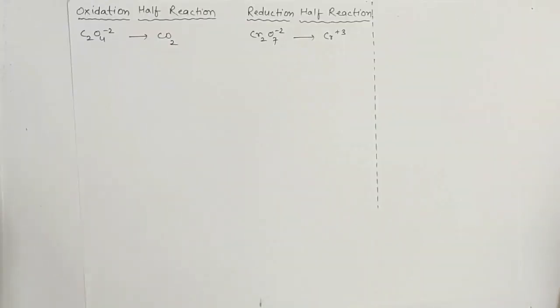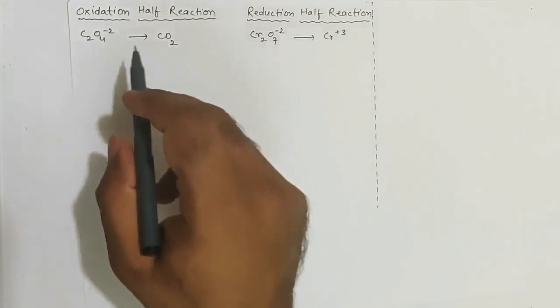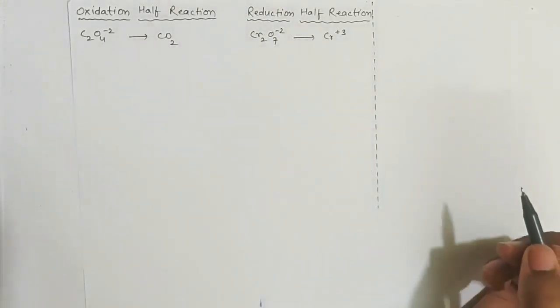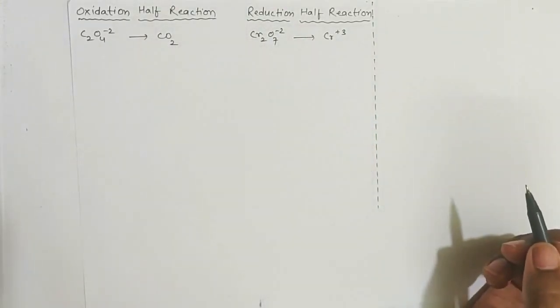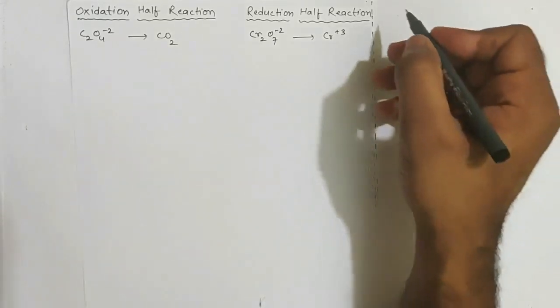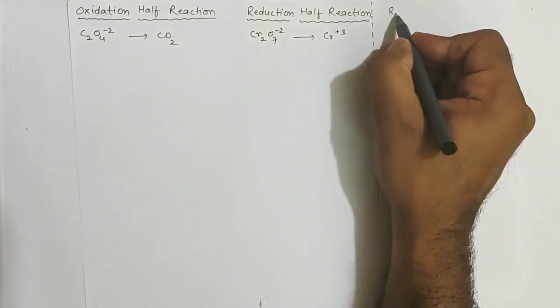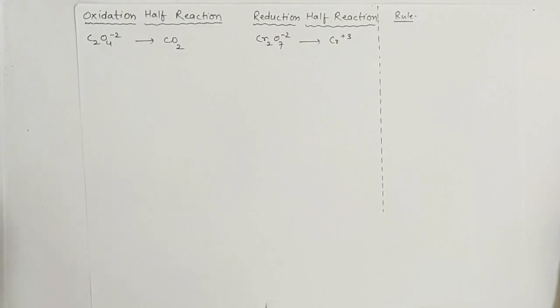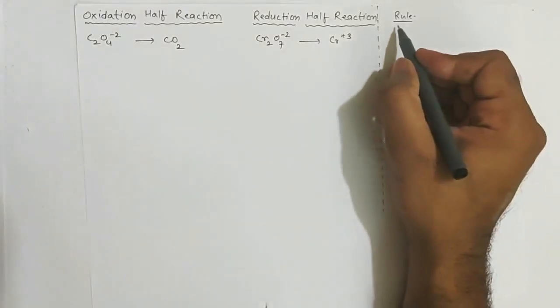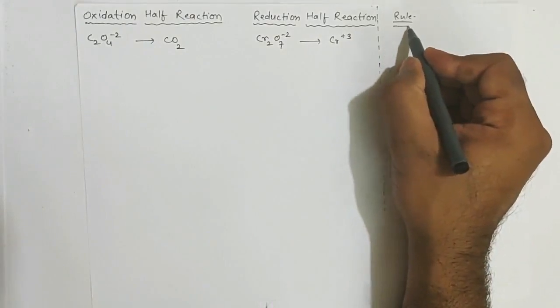So as you can see, we have written down two different half reactions here separately. We will balance them using some predefined rules. All the rules for balancing of half reactions are the same. We will write down all the steps or all the rules which we are going to follow.